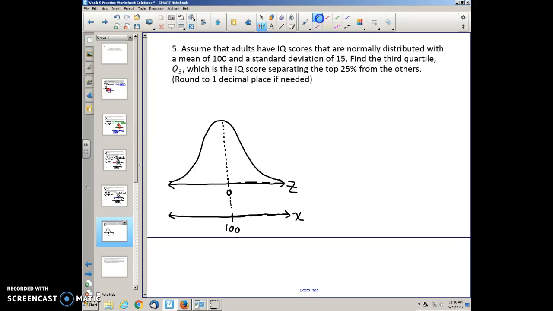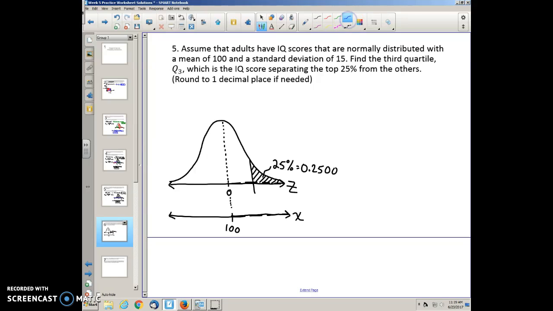All right. But we want the third quartile, which separates the bottom 75% from the upper 25%. So we'll put that here. We don't know if that's exactly where it goes. This is just a rough sketch. So the area of the shaded region here is 25%, or 0.2500.